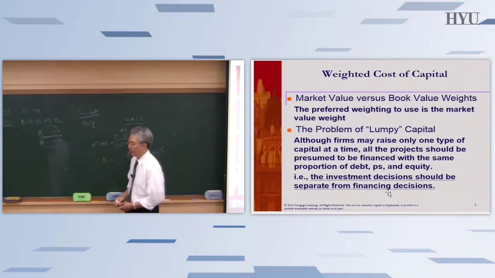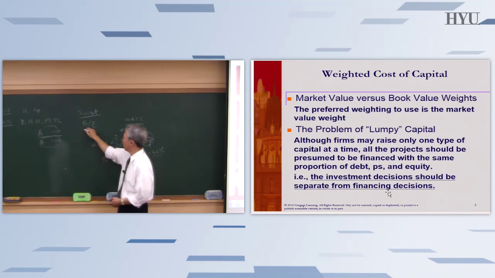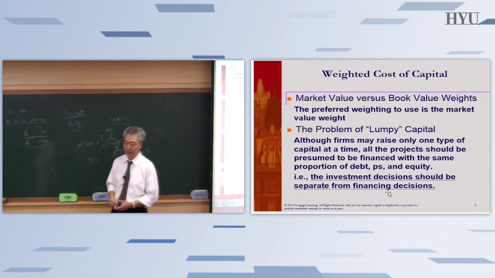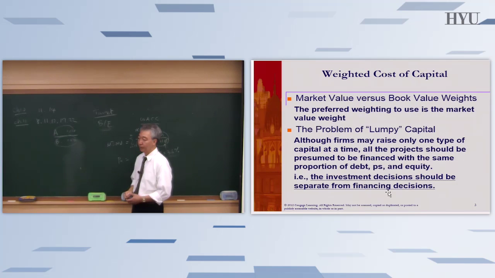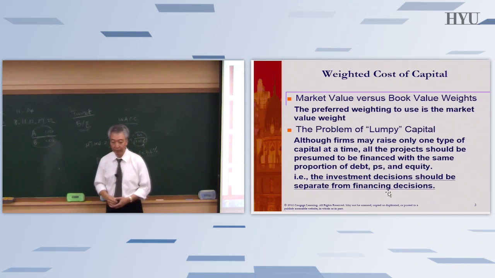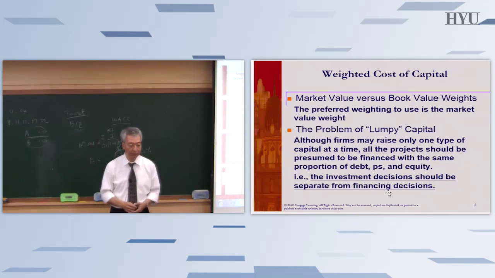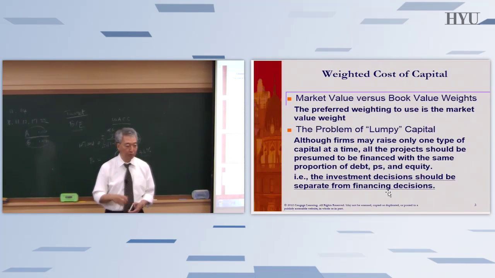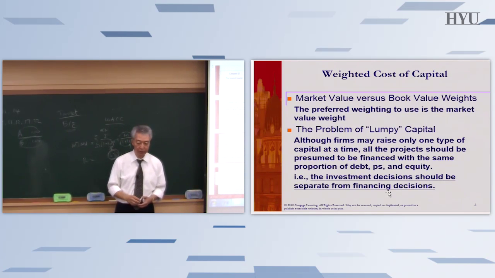In other words, companies typically have a target level of debt-equity ratio. Because if the company accumulates too much debt, it can be regarded as risky by investors, and it doesn't really project a good image to the security analysts in the market.